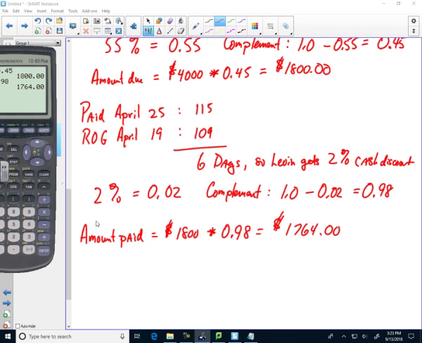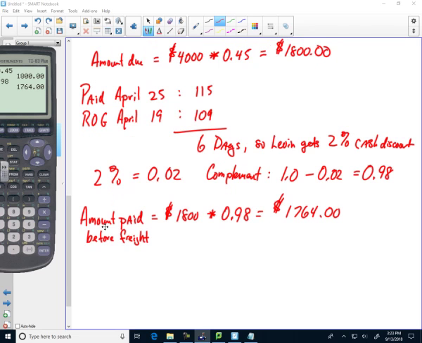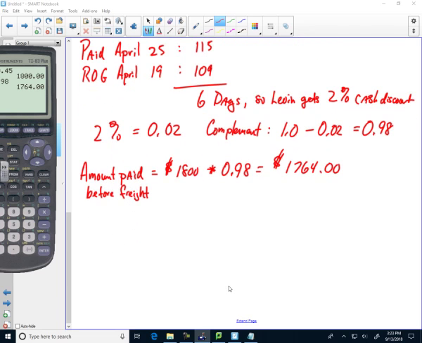Yeah, we got to deal with the freight. And I should have probably called this, how about the net? How about amount paid before freight? Okay. So now I can say the amount paid including freight.